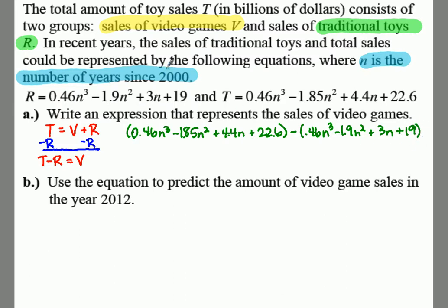Since we are subtracting, that's going to change the signs of everything in our second set of parentheses. So I'm going to change all my signs here. Make that a positive, that a negative, that a negative.